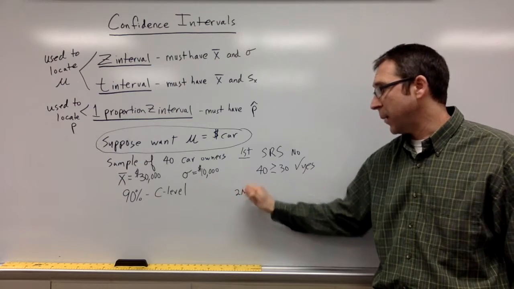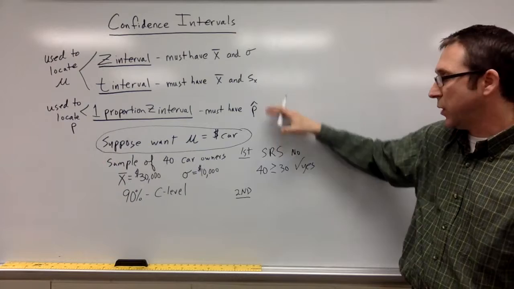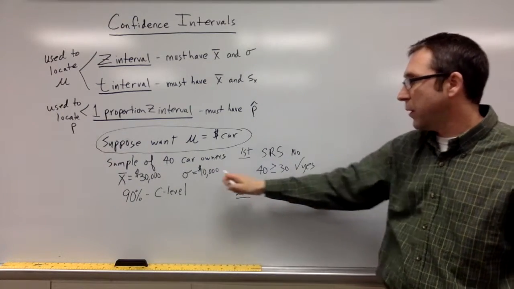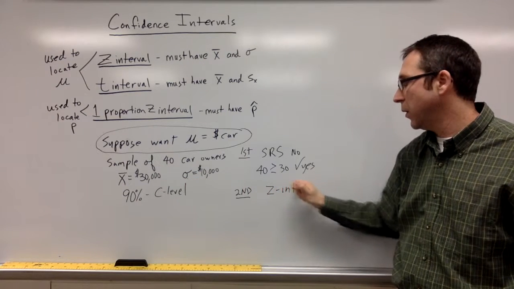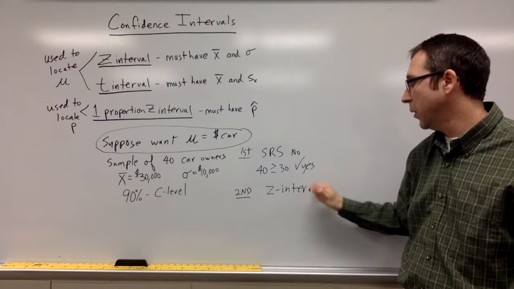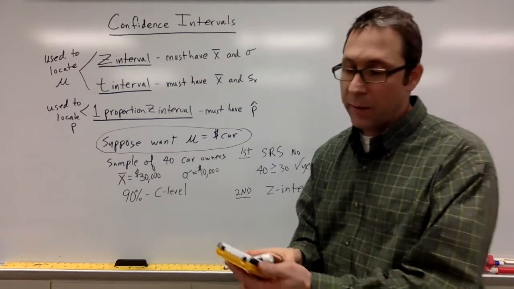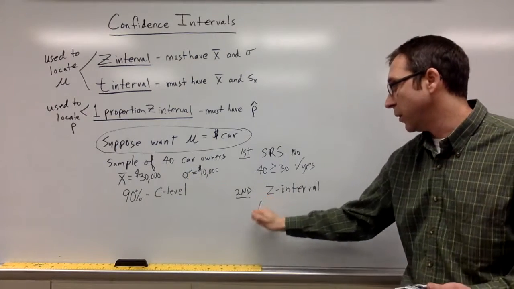For the second step, you'd have to decide which of the intervals you're going to use and name the interval, either by name or by formula. Since we have these ingredients right here, this is a Z interval. And you can use the calculator or the app that's on the iPad to do all the calculations for you.